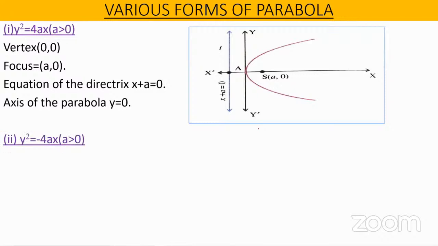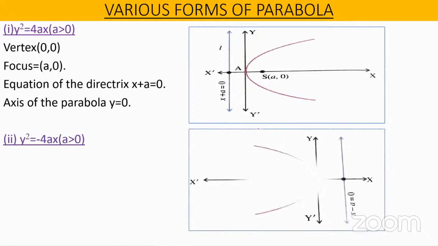Similarly, take y square equal to minus 4x. The first, y square equal to 4x, lies on the positive side of the x-axis, while y square equal to minus 4x lies on the negative side, so the figure looks like this. The vertex is the same, but the projection is different.